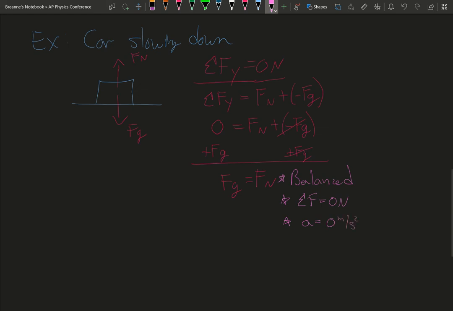What we possibly don't know is if it's moving at constant velocity or not moving. Common sense, since a car doesn't move up and down, we know it's not moving in the y direction. Okay, so we can get all that information from that.